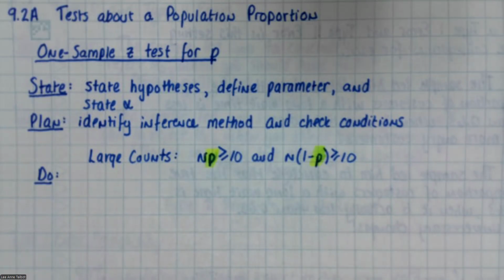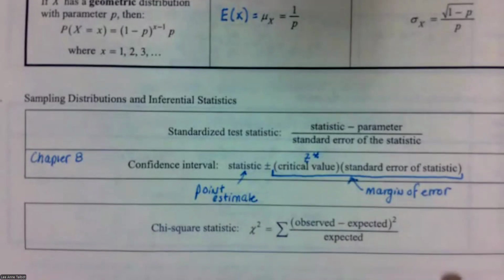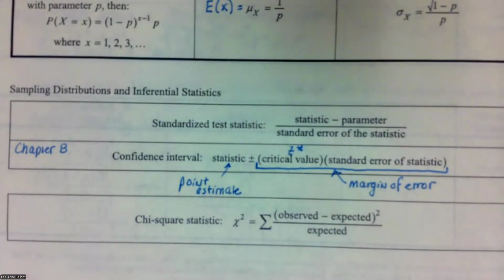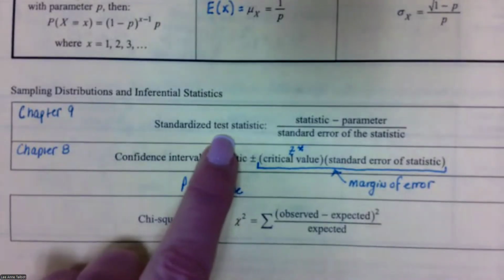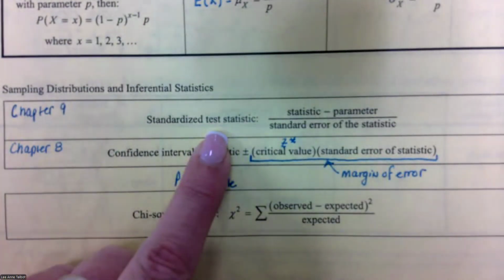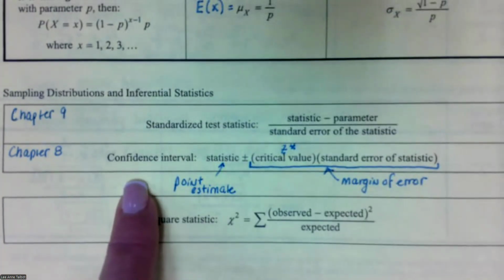So for us, we're going to get the p-value by following our yellow sheet. So I want you guys to find this box on your yellow sheet, please. And you see how this says test in it? That means you're doing a hypothesis test as opposed to a confidence interval.